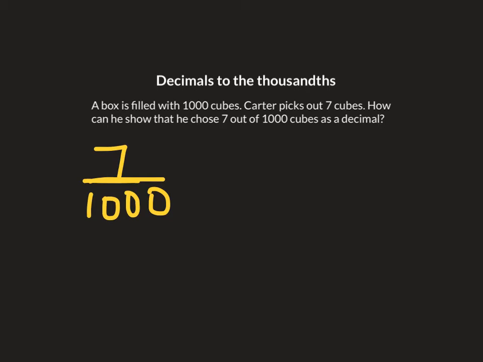So this is how we do our decimal place value chart. This would be the ones place. Then you have your decimal. Then you would have your tenths place. Then you have your hundredths place. And then you have your thousandths place. So this is ones.